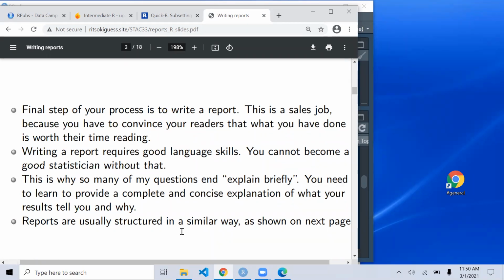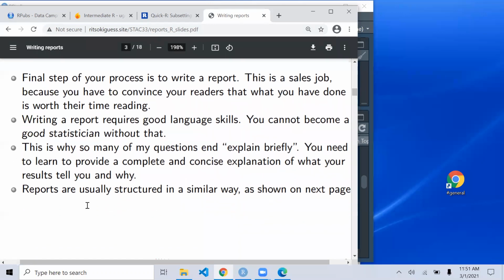So this is what he means when he says provide complete and concise explanations: what your results tell you and why. You can make a conclusion about your hypothesis test, but give us a couple of sentences as to why you think the test is or is not surprising in terms of the findings, why you think the test came out the way it did. You want to make sure that you are giving some additional insights into your ideas, basically.